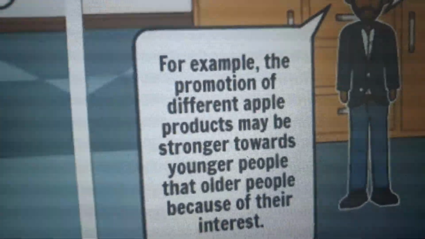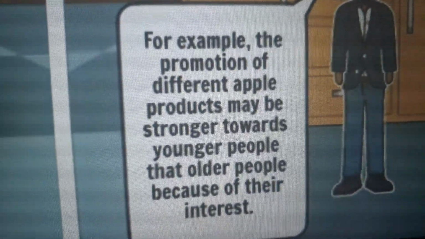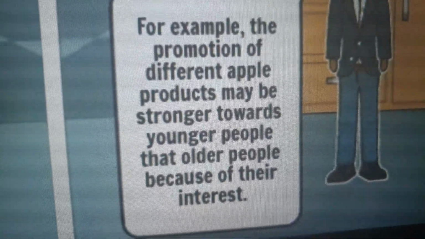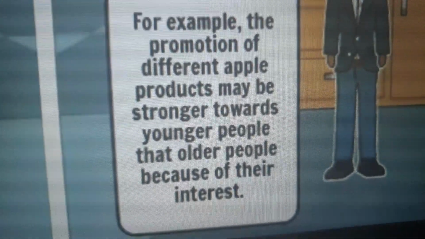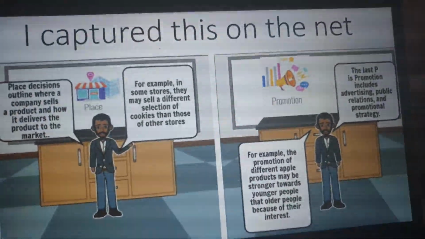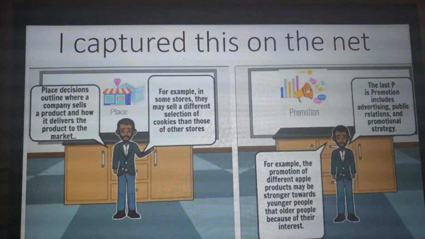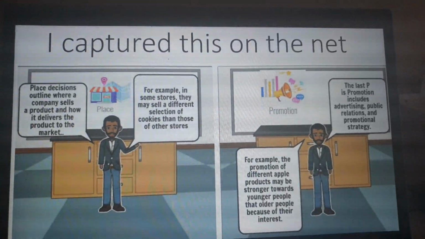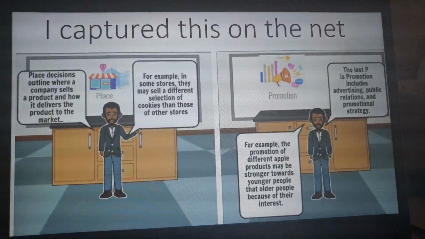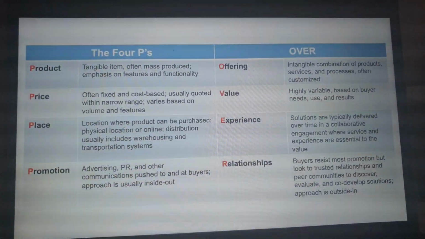As an example, the promotion of different Apple products may be stronger towards younger people than older people because of the interest. So even when you go to promote, consider the target you're promoting to, and the style of promotion will differ. So when you go out there and start selling, consider whom you are selling to and promote it appropriately.